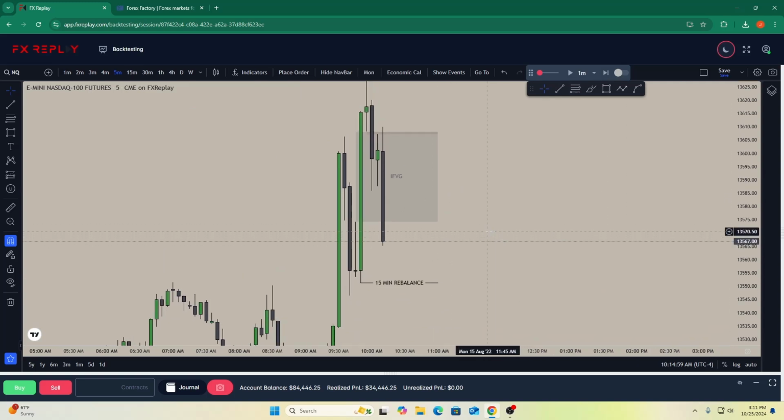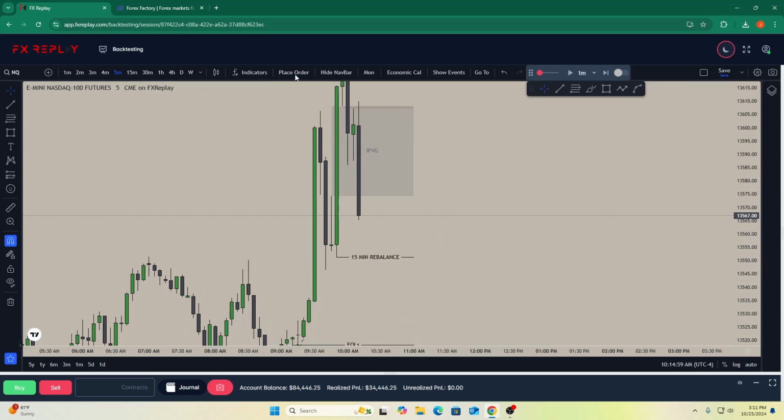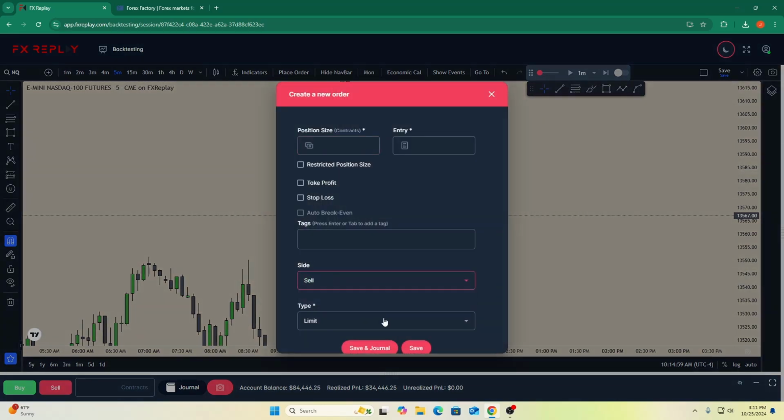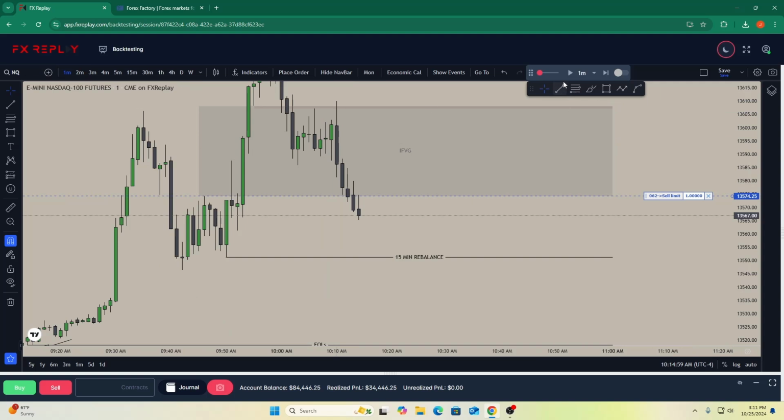So I'm gonna take this 5-minute to the 15-minute rebalance, but I am gonna put a sell order for better RR here. Just one contract. Doesn't matter where I put this because we're gonna change it anyway. So I'm gonna sell limit here, targeting this 15-minute rebalance.